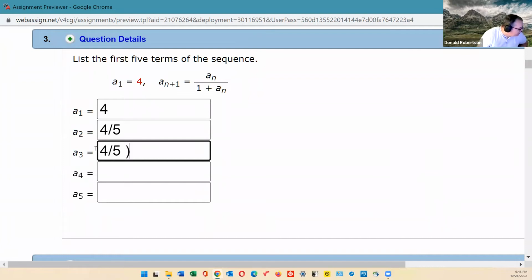Little bracket around it, the top, 4/5. And then you divide it by 1 plus 4/5, which is what, 9/5. And that ends up being equal to 4/9. And so on and so forth.